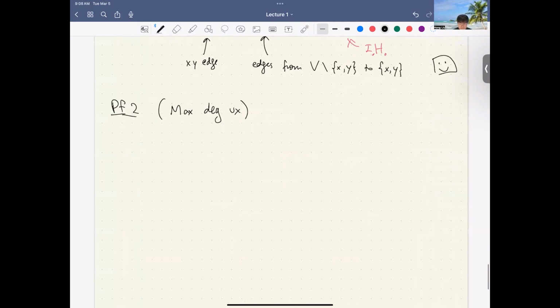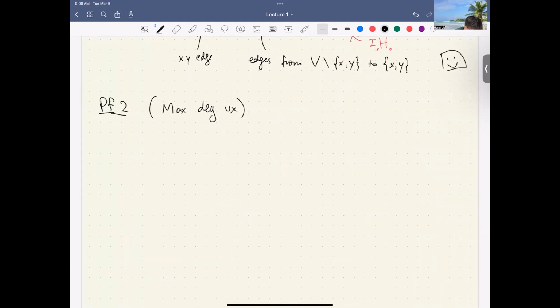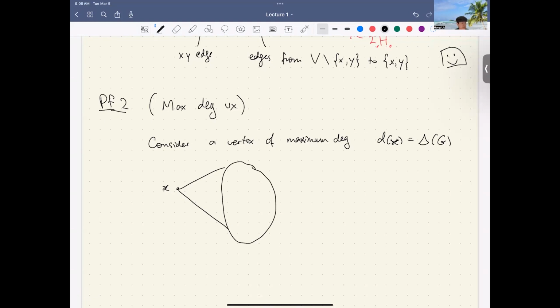Let's consider a vertex of maximum degree. So let's say d of v is our maximum degree vertex. No vertex has larger degree than v. Now, let's say d of x. This is our x vertex, and this is its neighborhood. Let's call it capital X.